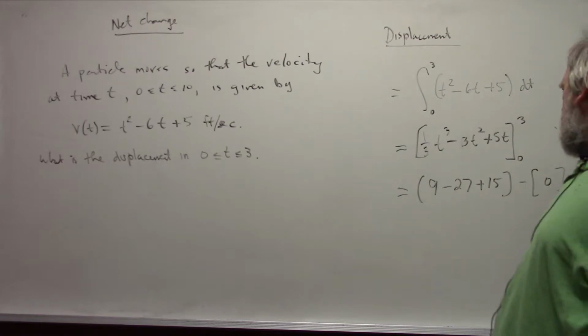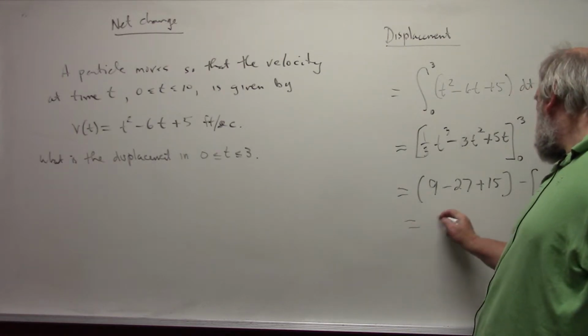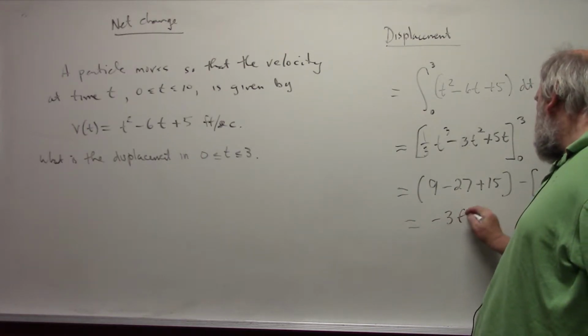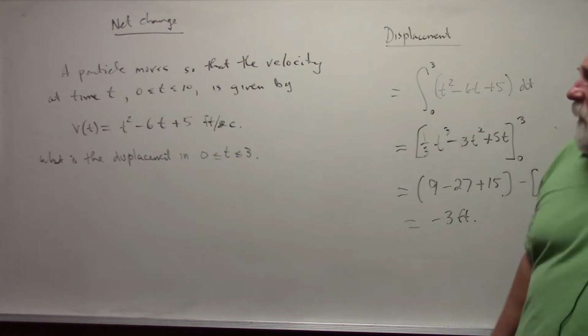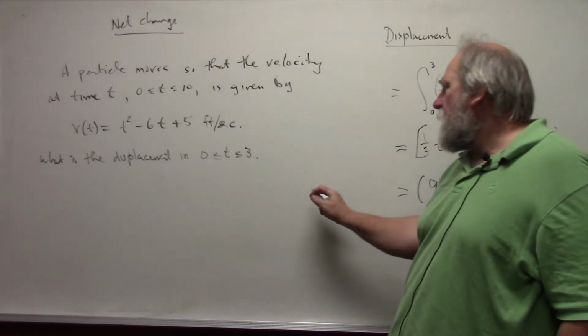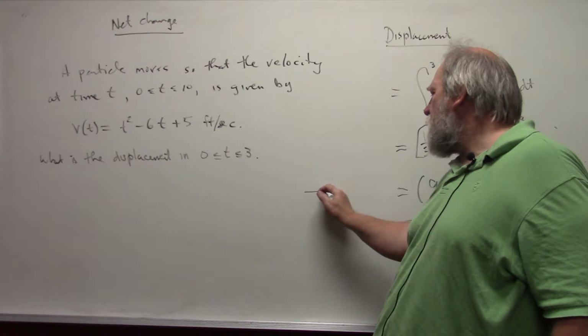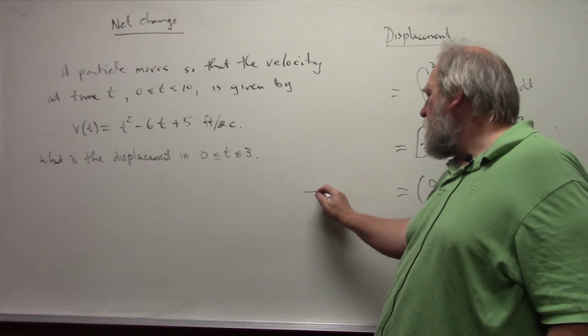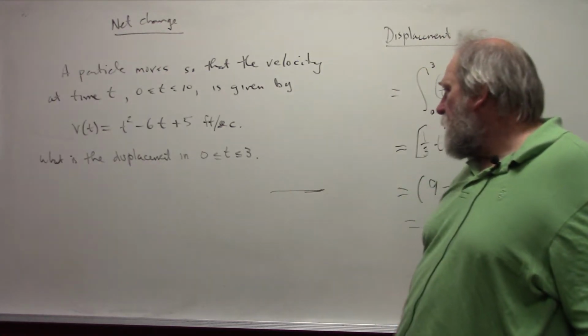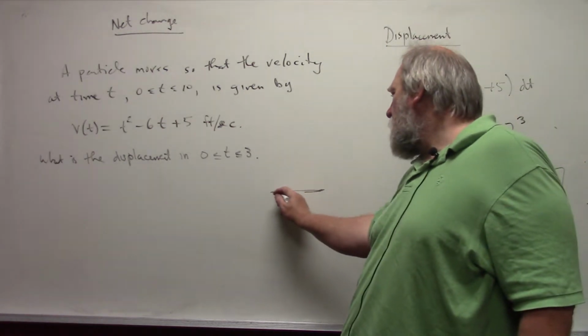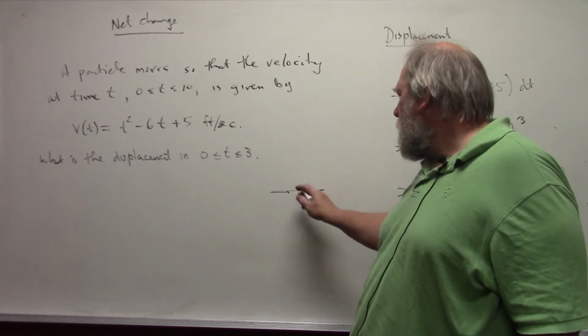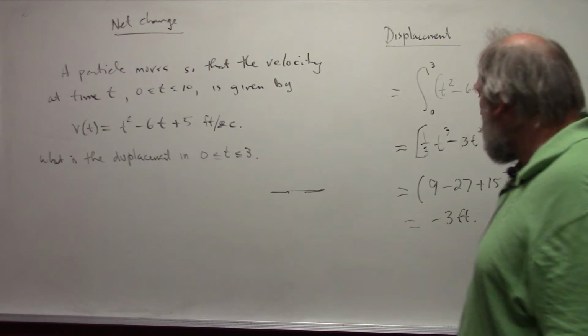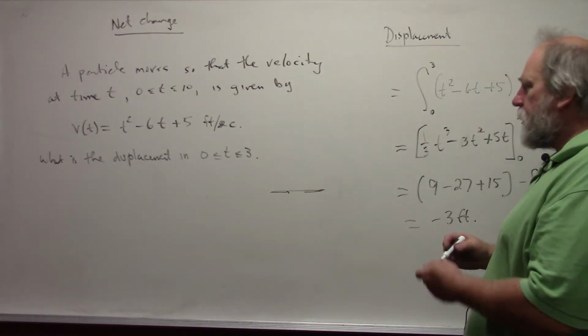And that comes out to be negative 3 feet. The particle actually starts by moving forward first for the first second, then it moves backwards for the next 5 seconds, and then forwards. And so in this case, overall it ends up actually going backwards negative 3 feet.